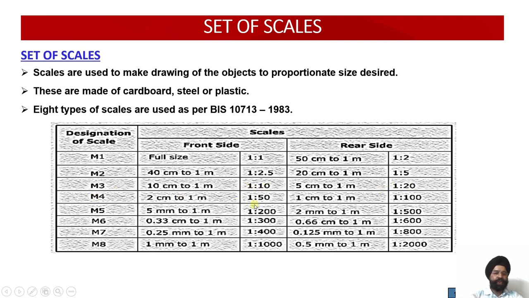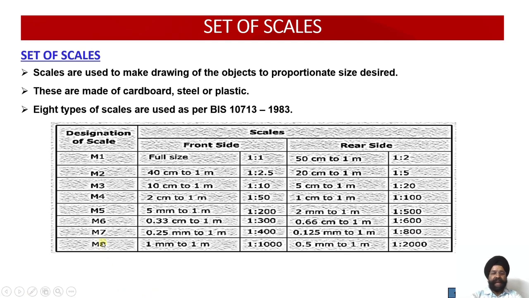M4 scale gives you reduction of 1:50, 1:100. M5 gives you reduction of 1:200, 1:500. M6 is 1:300, 1:600. Similarly, M7 gives you reduction of 1:400, 1:800. Similarly, M8 gives you reduction of 1:1000 and 1:2000.